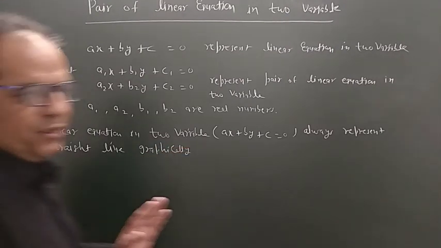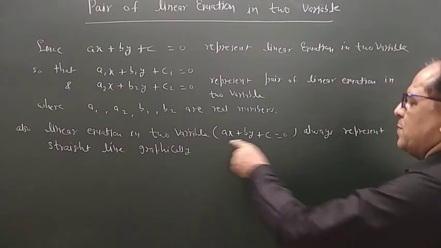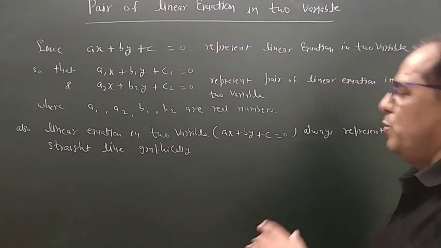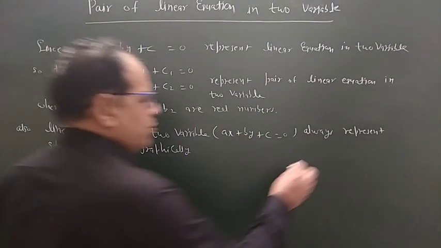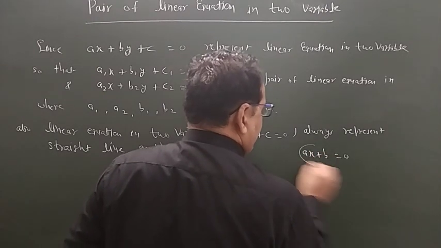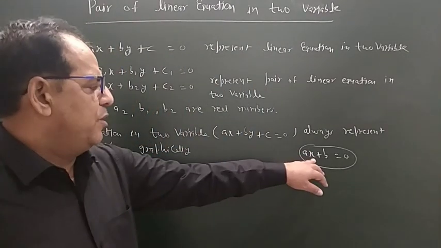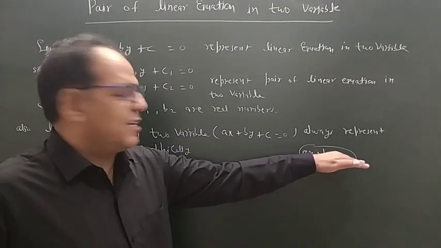If we draw a graph of the linear equation in two variables ax plus by plus c equal to 0, we get a straight line. Similarly, if we draw a graph of ax plus b equal to 0, this is also a straight line.